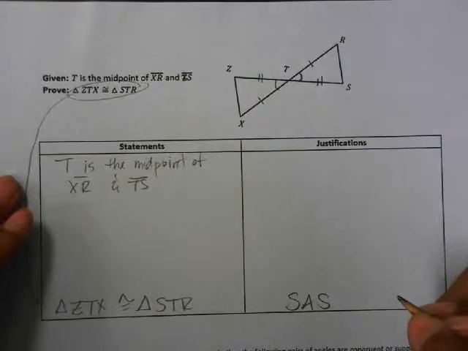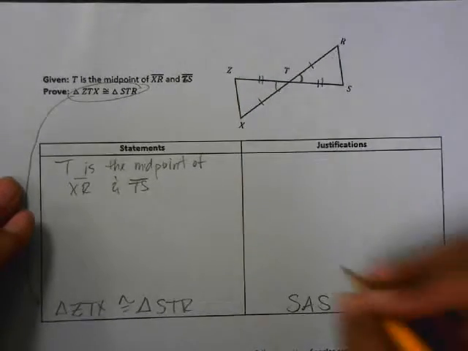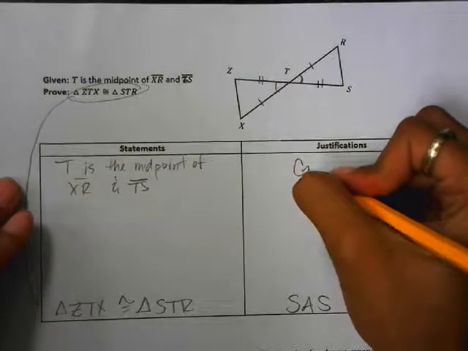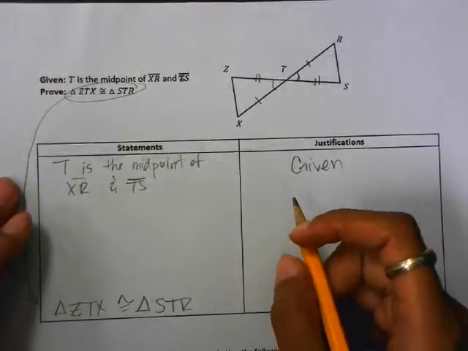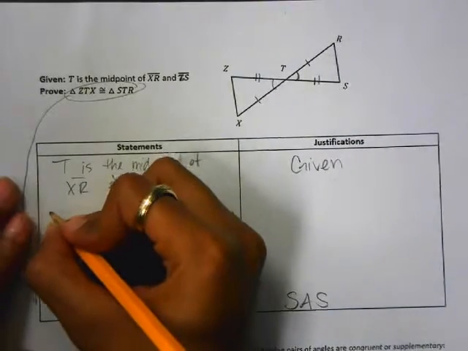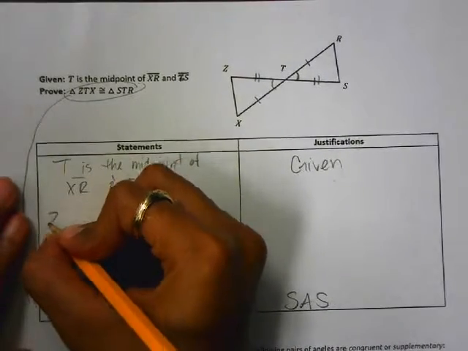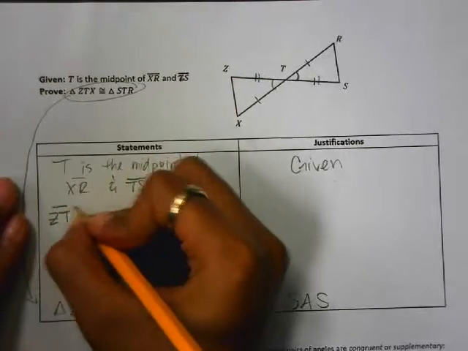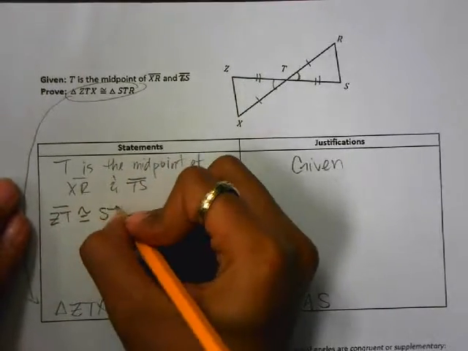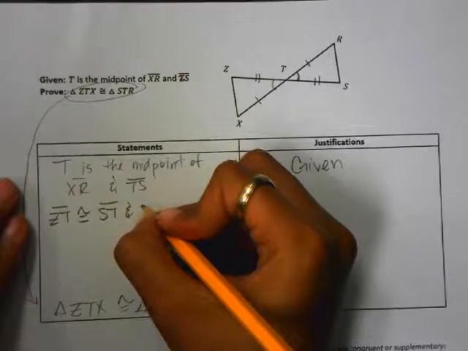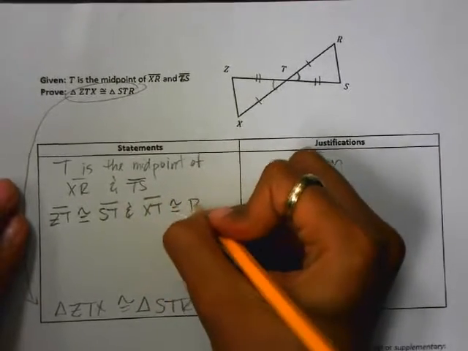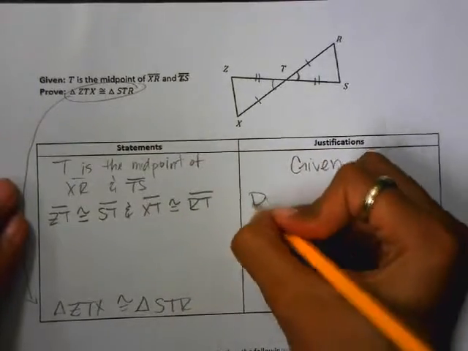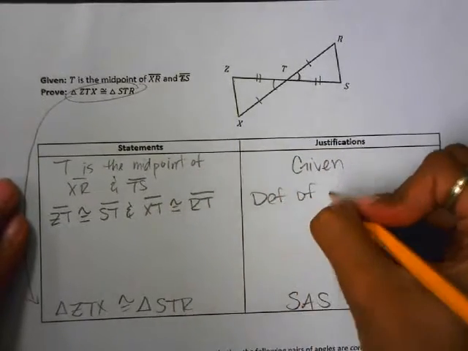So let's figure out how we got there. Going back to the given, this was given, okay? And because it is the midpoint, ZT is congruent to ST, and XT is congruent to RT based on the definition of a midpoint.